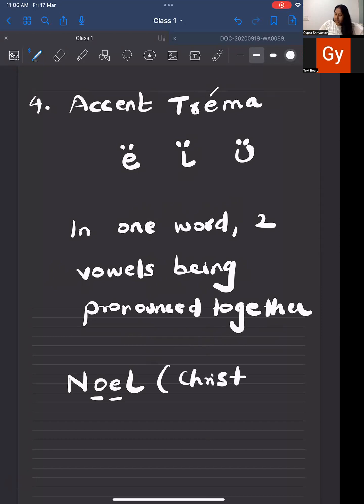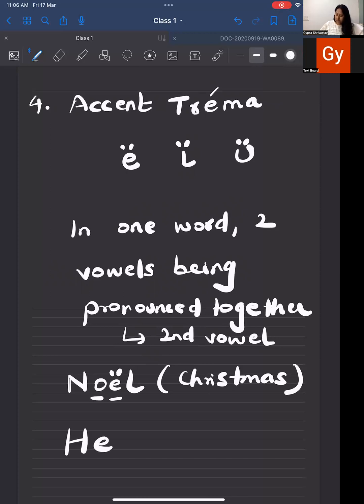Christmas. Accent tréma in that case is usually put on the second vowel. So out of O and E, we're going to put accent tréma on E, Noël. Similarly, the word for actress, héroïne, again, we have O and I together. So we're going to put accent tréma on the second vowel, which is I, héroïne, actress.